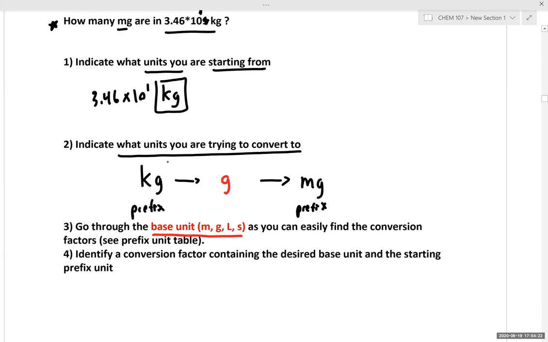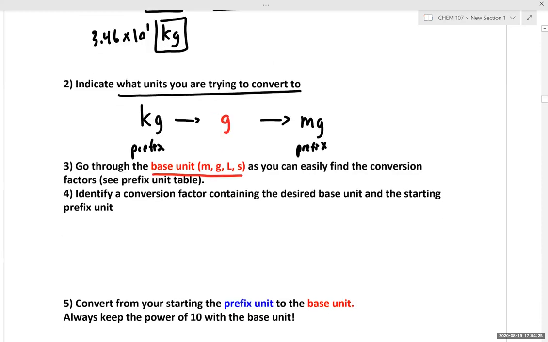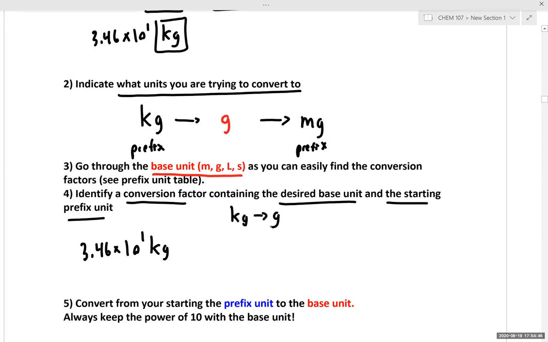Now we're going to identify a conversion factor containing the desired base unit and the starting prefix unit. If we have 3.46 times 10 to the first kilograms, and we want to go from kilogram to gram, let's try to answer the question: 1 kilogram is equivalent to how many grams?